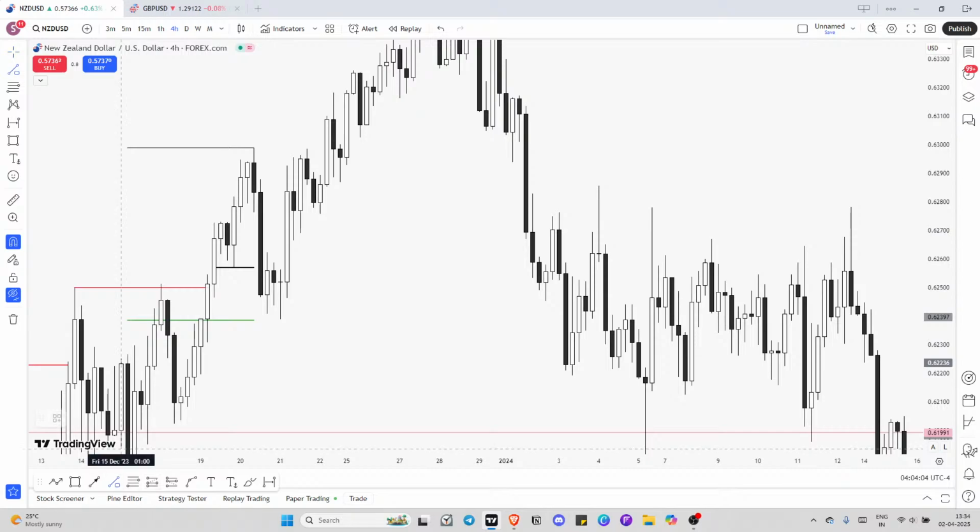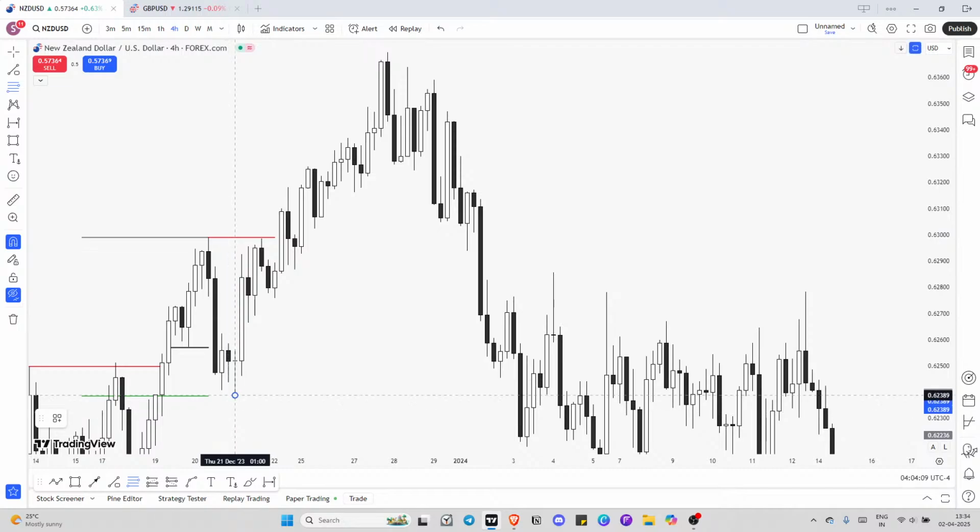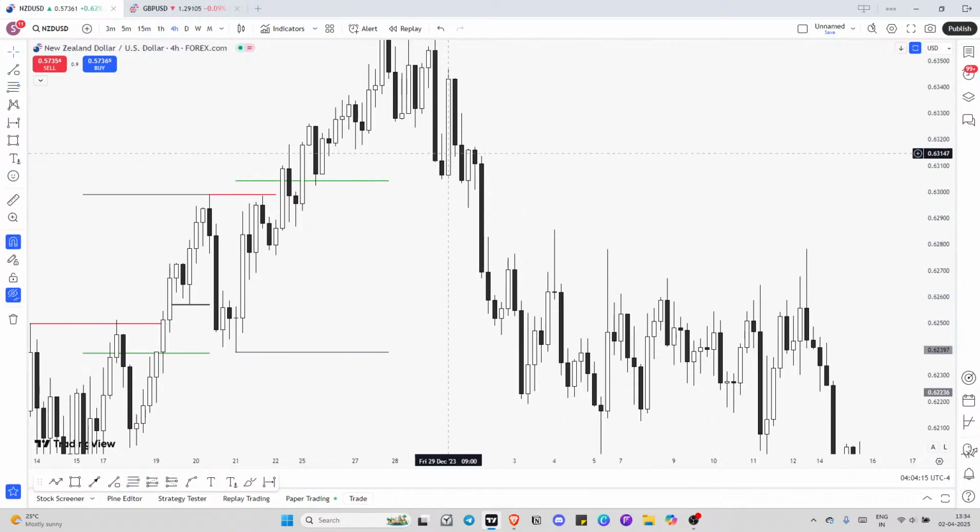Again, next, the structure. Wait for the inducement to be taken off, which it did here. Let's put it here, and we don't have any PD arrays apart from this.